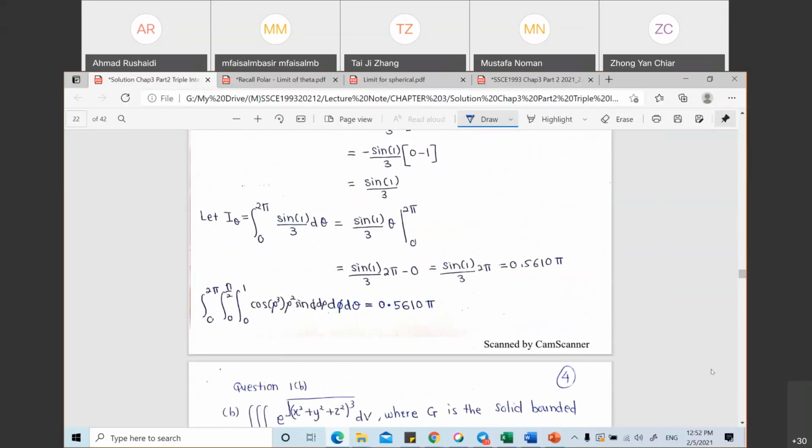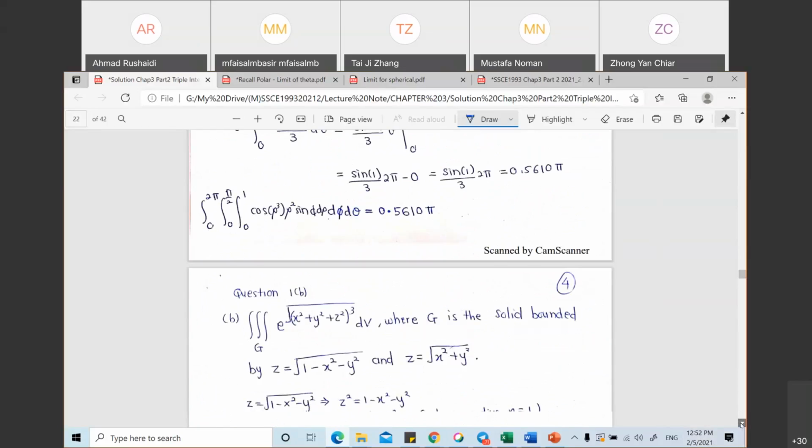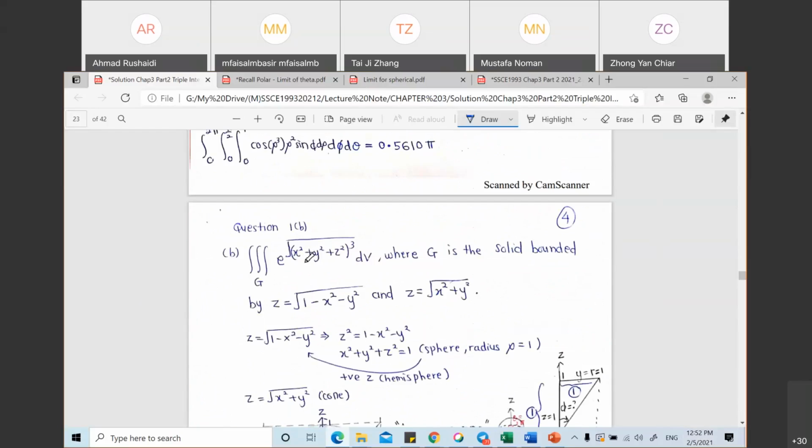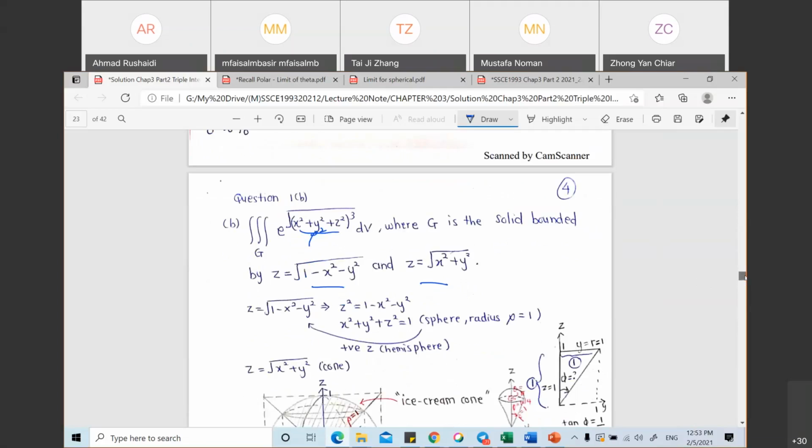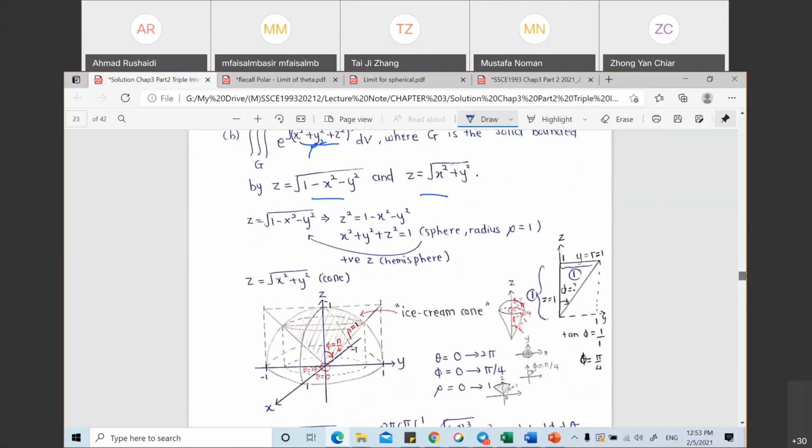Okay, so question 1B. This is actually rho squared. Done. We have rho squared here, and the square root of rho squared will be rho cube. So this is somehow like a parabola? Oh, this is not a parabola.